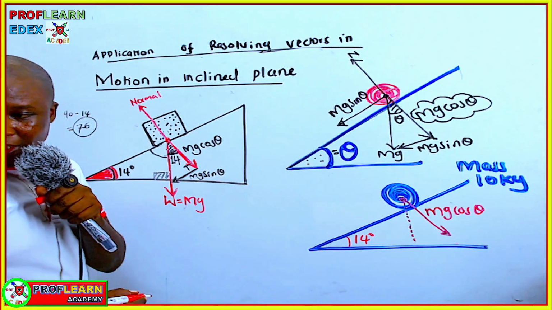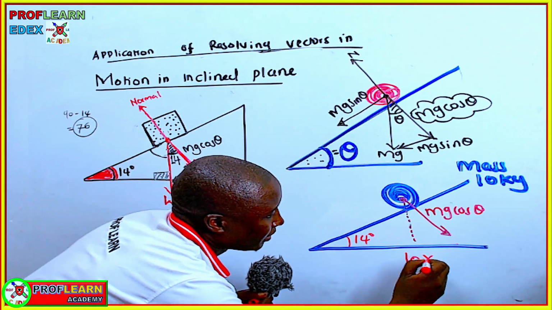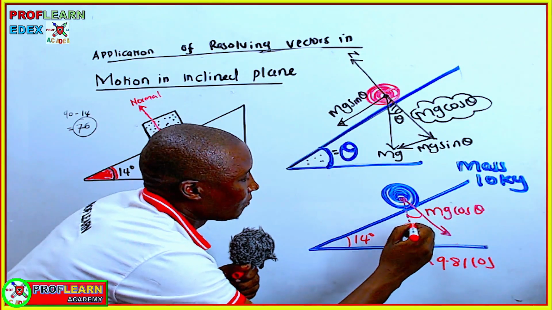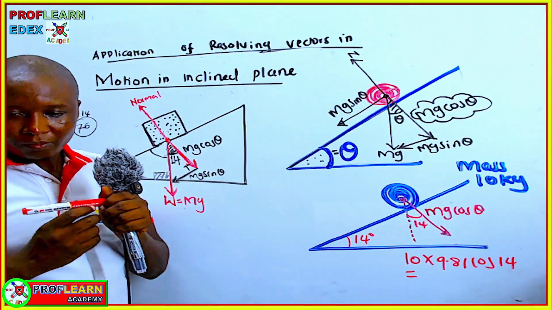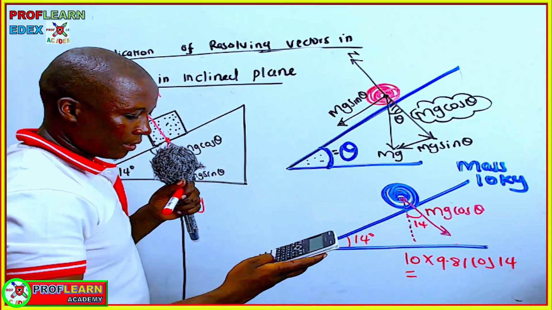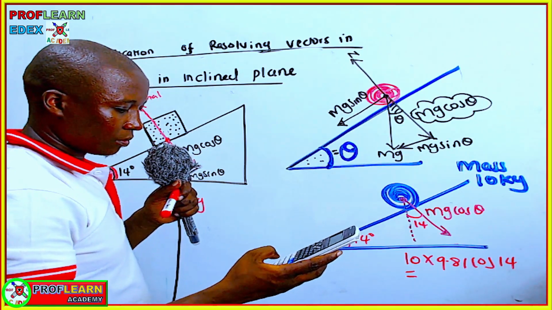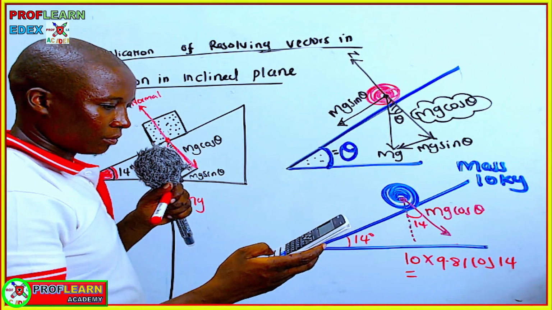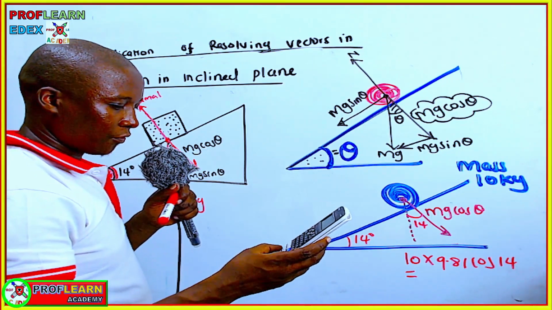Our mg cos theta in that case is going to be 10 times 9.81 cos 14, since our theta is 14, also 14 here. If we work it out, the force it is exerting on the inclined plane is 10 times 9.81 cos 14.